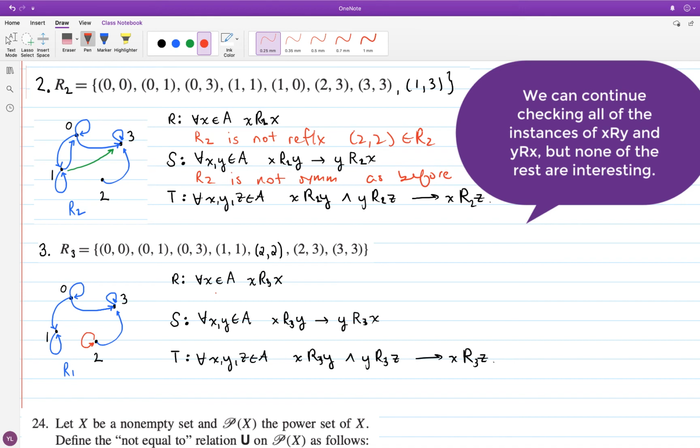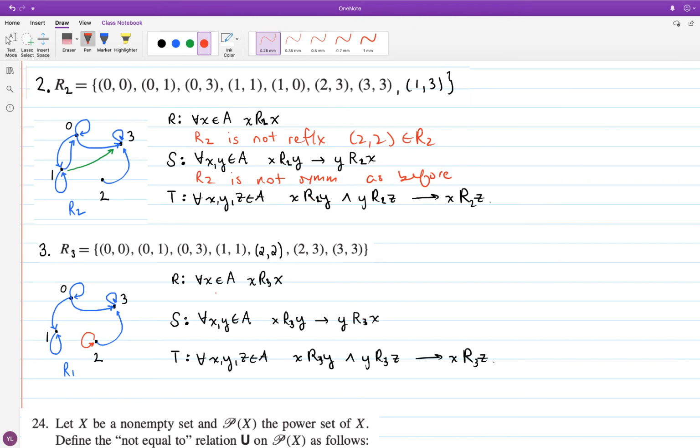But it's never interesting when one of these relation fragments is like 3 is related to 3 or 0 is related to 0. Let me just do one more to demonstrate that that's the case. So 0 is related to 1, and 1 is related to 1, and 0 is related to 1. That also satisfies this conditional.